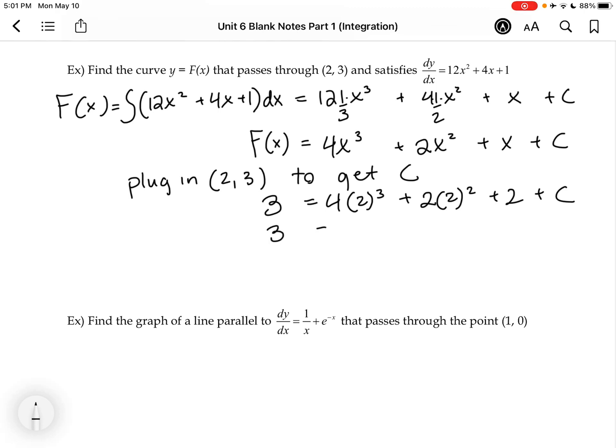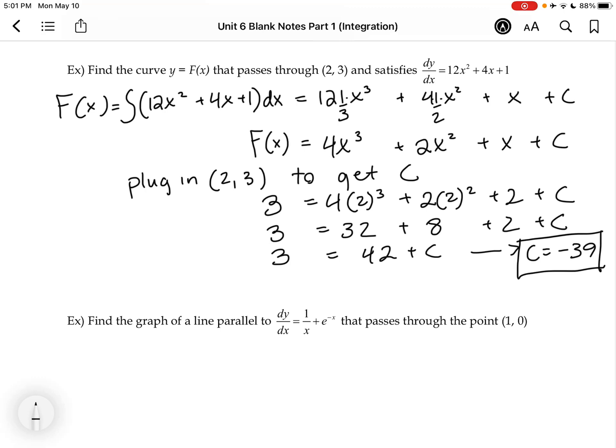Okay, and then 2 cubed is 8, so 32, plus 2 squared is 4, 4 times 2 is 8, plus 2, and that's 32 plus 10, which is 42, plus c. So that means c has to be negative 39.